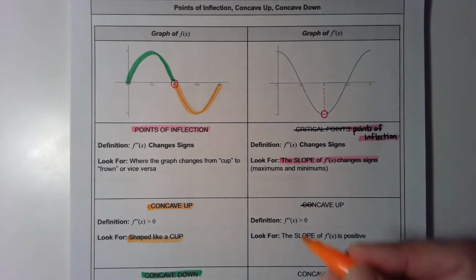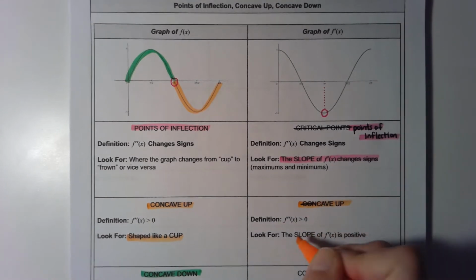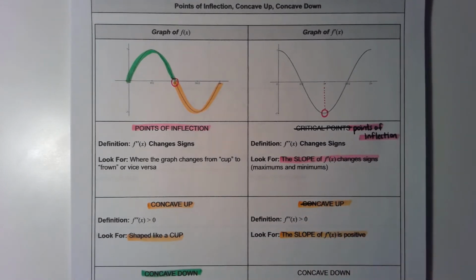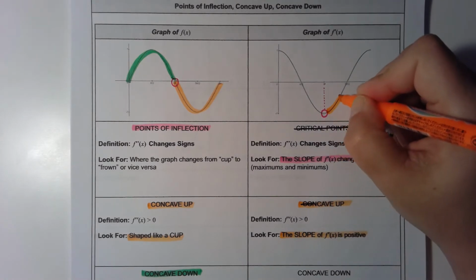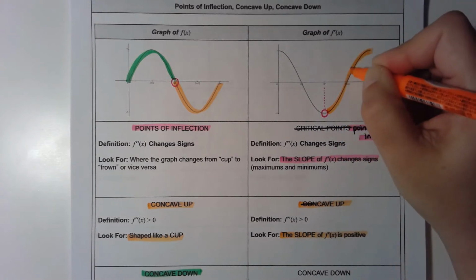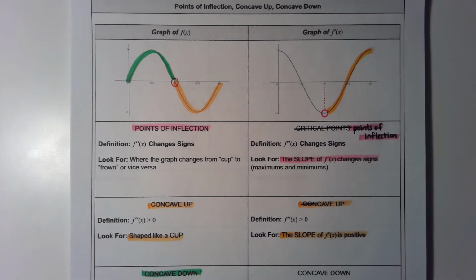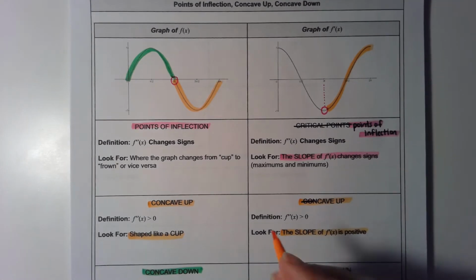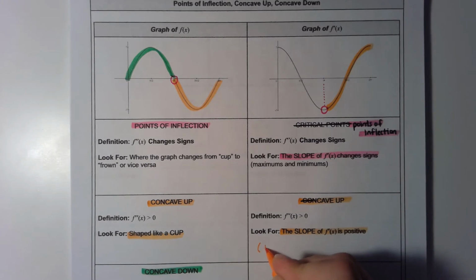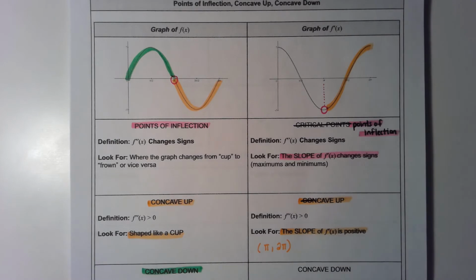The original graph is going to be concave up when the slope of f prime is positive. So we're looking for where this graph is going uphill, which is right here, this section of the graph. And we always use open parentheses when we're naming these. So we would say from pi to 2 pi with open parentheses.